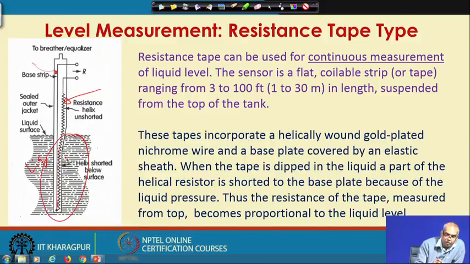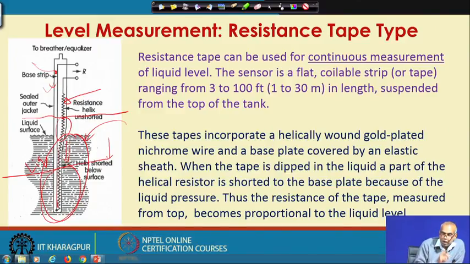Now, if this device is dipped in a medium whose level is more, that means if the liquid level now increases, so the liquid level comes here, even this part will also be shorted. When the liquid level goes down, say up to here, maybe only this part will be shorted. So, this part will not be shorted then.